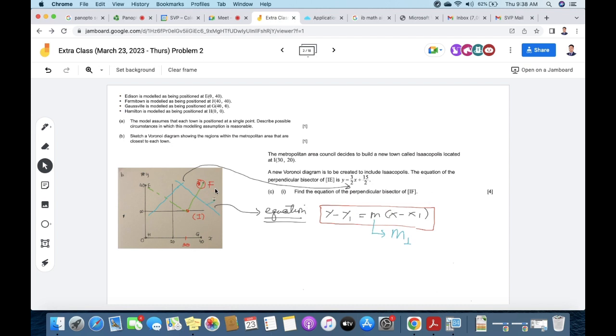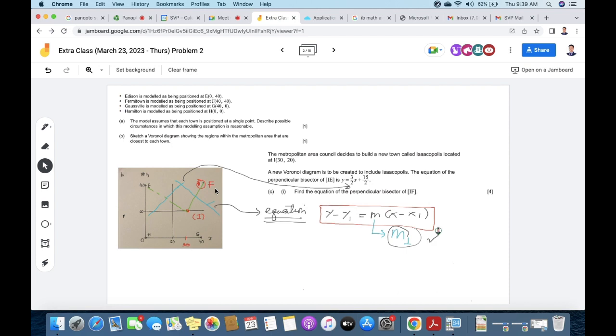Do we know a way to find its gradient if we have IF? Can we find this m here, or is the information enough? Yes, this information is enough. Clue, we need to get the negative reciprocal. So we now know how to get the m.